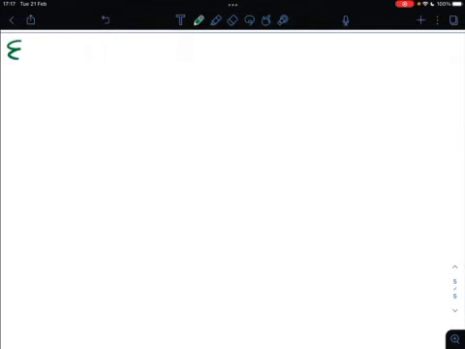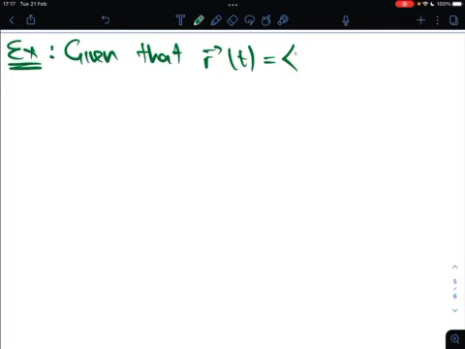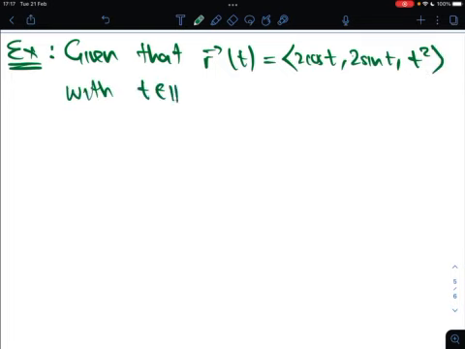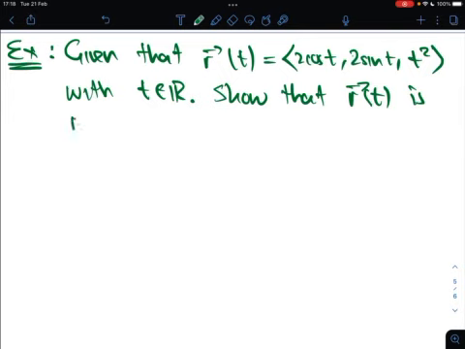Given that R of t is equal to 2 cos t, 2 sine t, t squared, with t an element of the real numbers, show that R prime of t, R of t is regular or smooth.